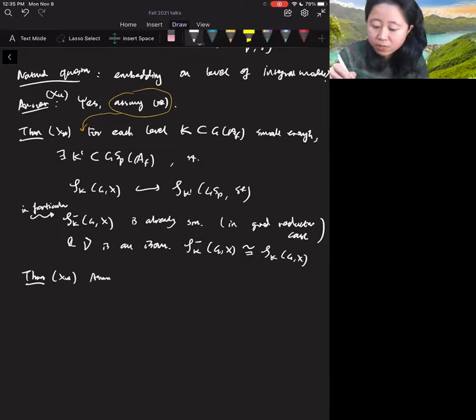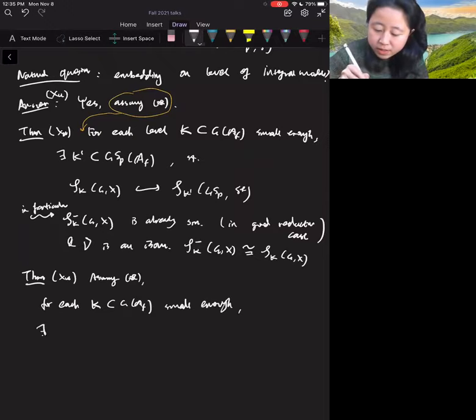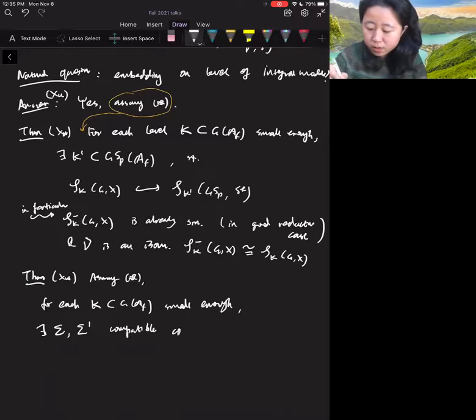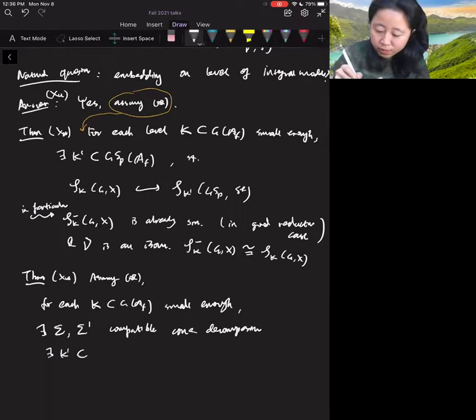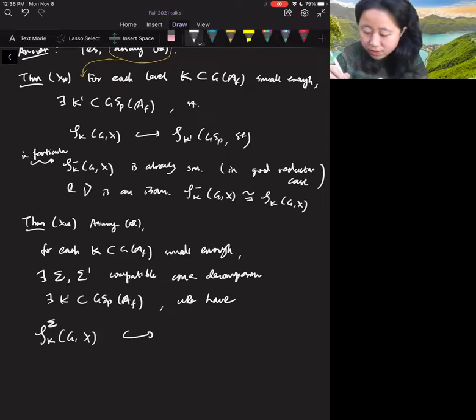Again, assuming the same technical condition star, for each level K small enough, there exist compatible cone decompositions, sigma on the Hodge-type Shimura variety and sigma prime on the Siegel modular variety, and also some level on your Siegel side, such that we have a closed embedding on the level of toroidal compactifications of your integral models of Shimura varieties.